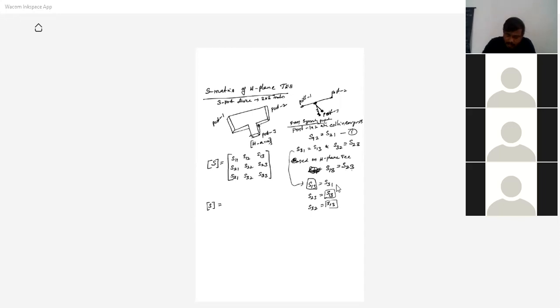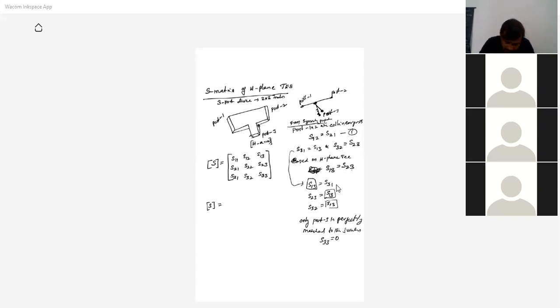So just consider that 1 and 2 are not perfectly matched, and only port 3 is perfectly matched.